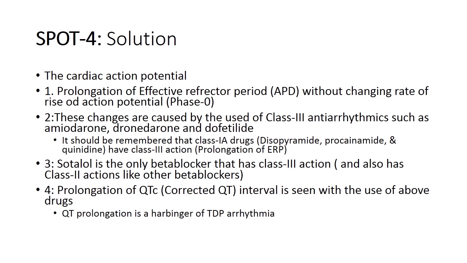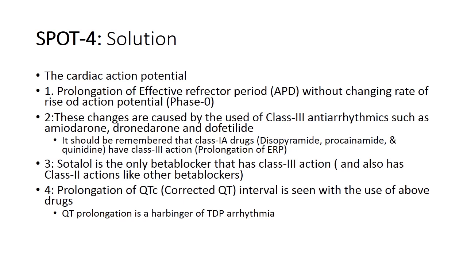It should be remembered that class 1A, disopyramide, procainamide, and quinidine have class 3 actions, but they also have class 1 action, that is change in the rate of rise of potential. Sotalol is a beta blocker and the only beta blocker that has class 3 action.